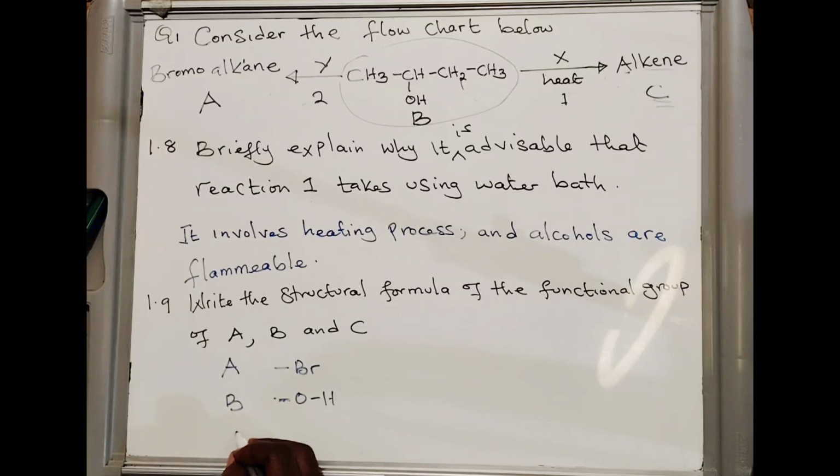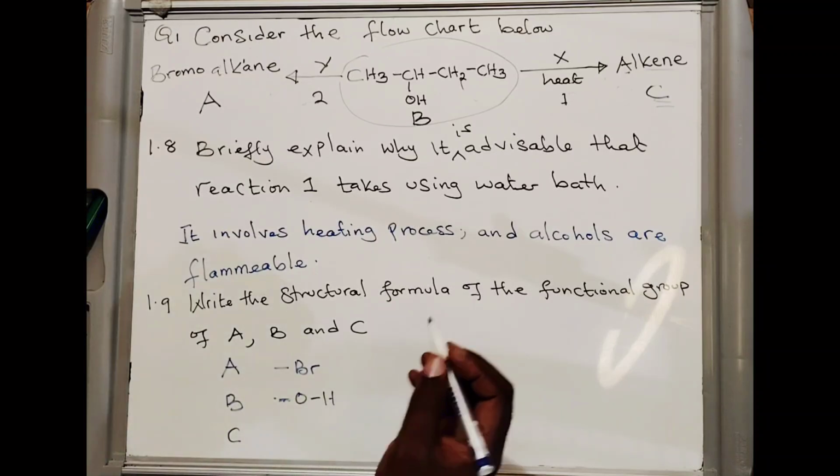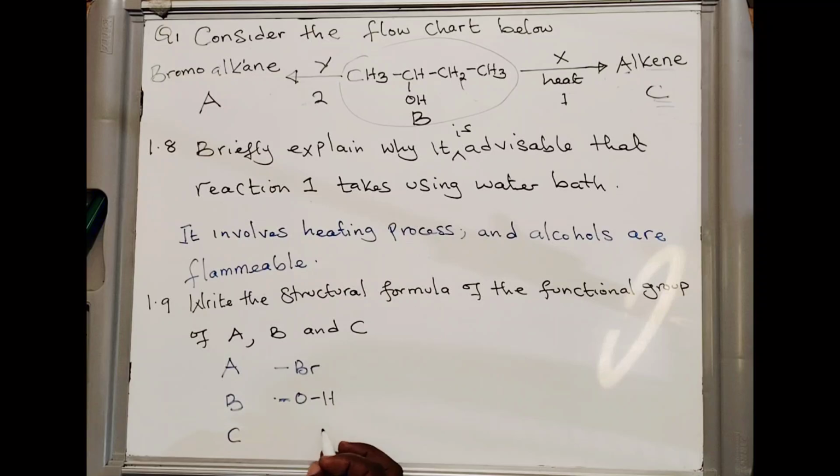C is an alkene, and its functional group is C double bond C. So those are the structures of the functional groups of A, B, and C.